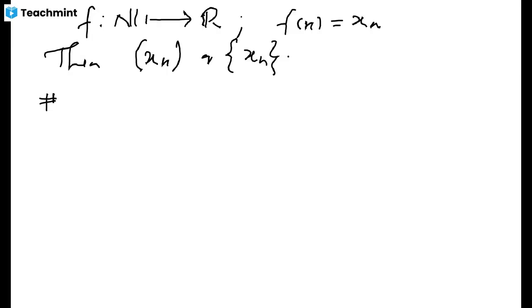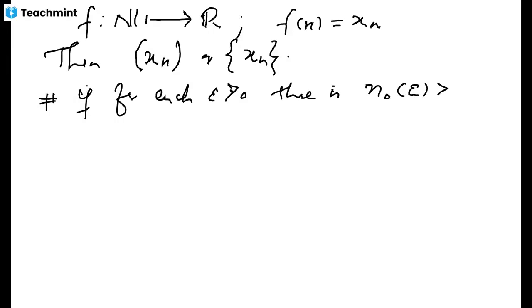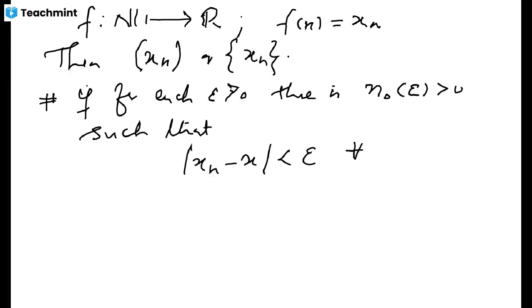Convergence of a sequence means that we say that this sequence converges to a real number x if for each epsilon positive we can find a number n naught depending upon epsilon such that the distance of the terms from the number x becomes less than epsilon as n increases beyond n naught.